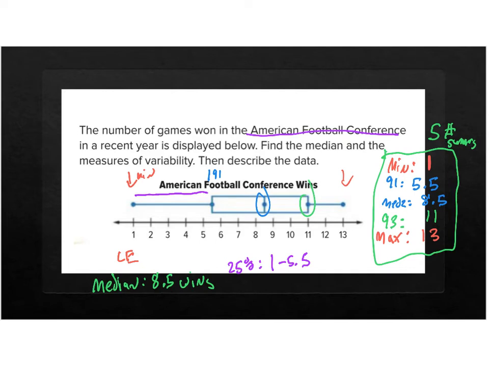Okay? Then 25% of the teams had 5.5 wins to 8.5 wins. Then 25% of the teams went from 8.5 wins to 11.